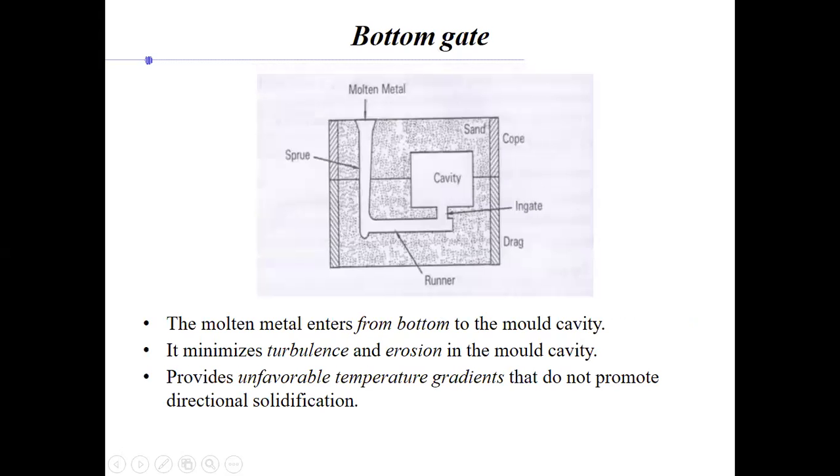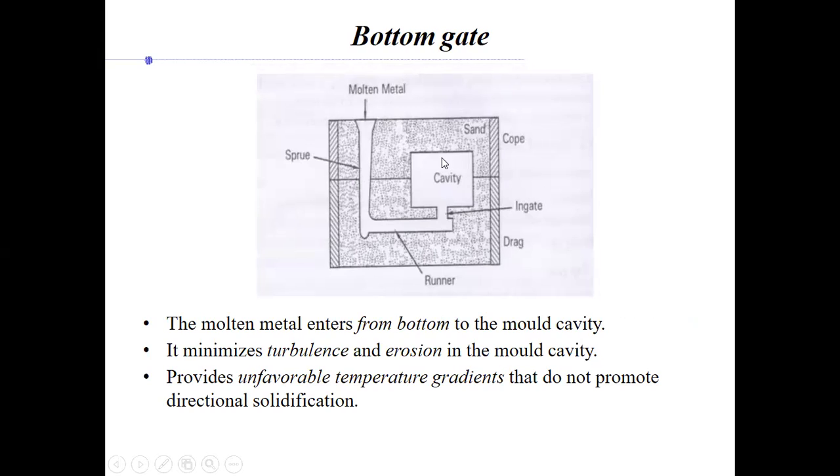Bottom gate, as the name suggests, molten metal enters from the bottom into the mold cavity. It minimizes turbulence and erosion in the mold cavity. So, unlike your top gate, the molten metal would not have this turbulence and erosion problem here because we're sending it from the bottom.